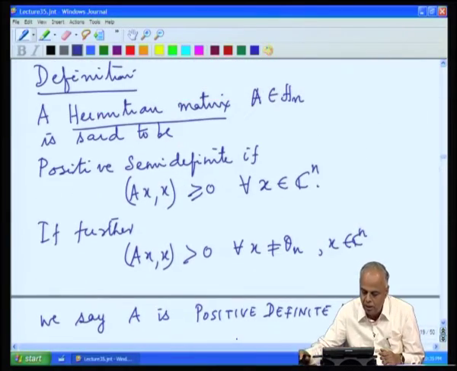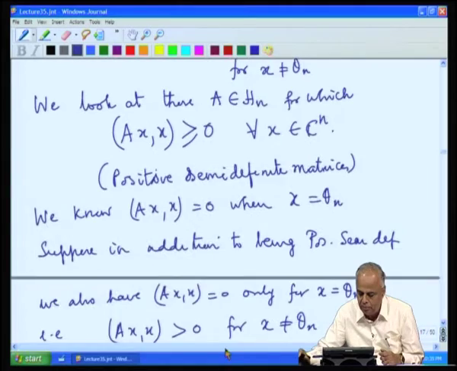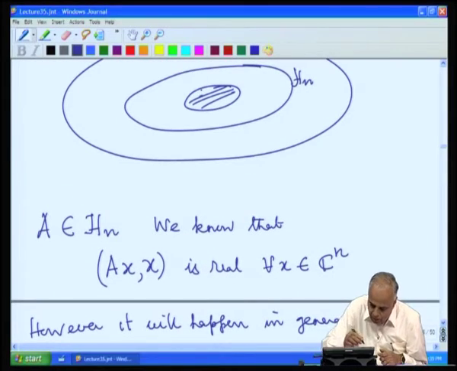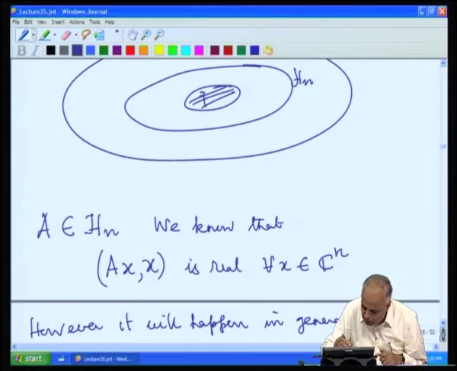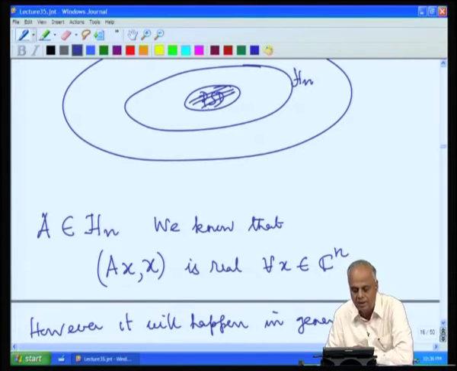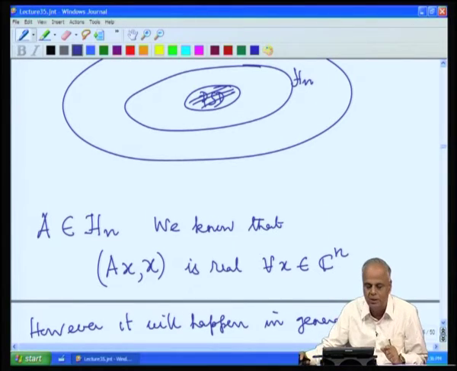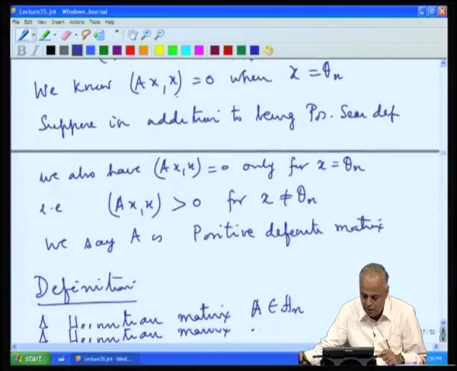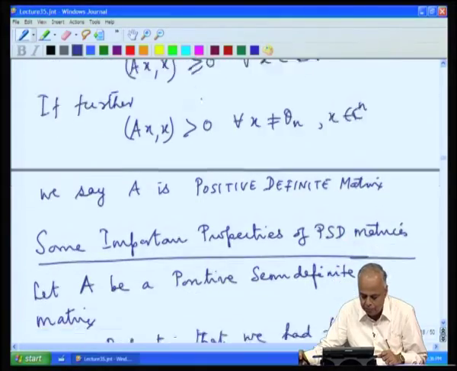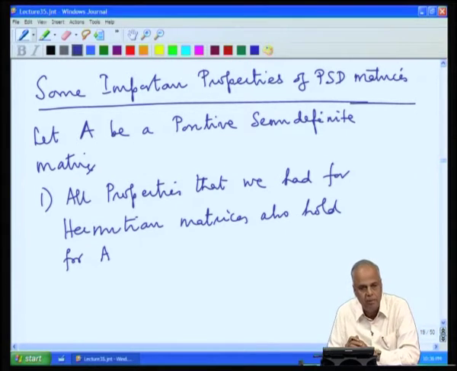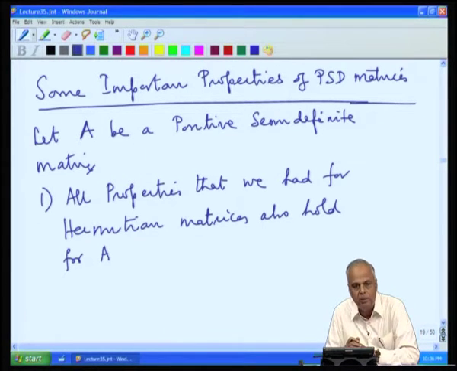Recall our picture. We are now looking at the positive semi definite matrices. They are sitting inside the H n. So, whatever properties hold for H n, hereditarily they hold for positive semi definite matrices. So, all the properties that we had for Hermitian matrices hold. What are some of the properties?